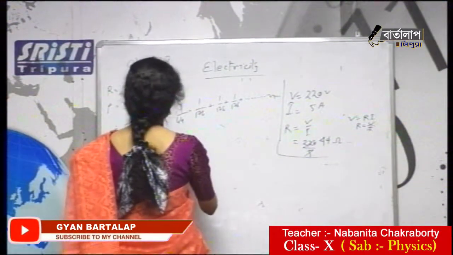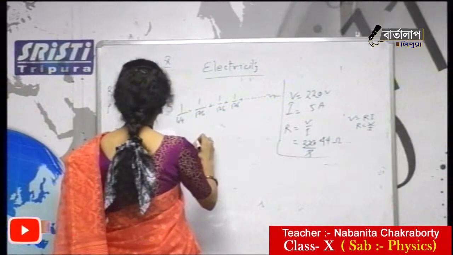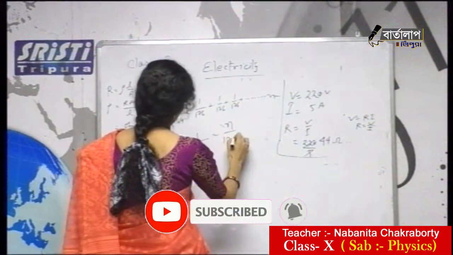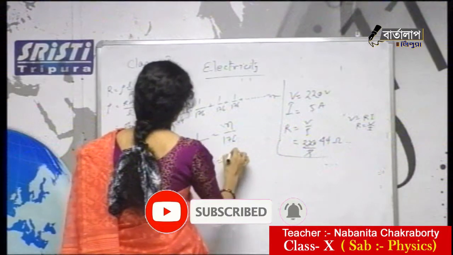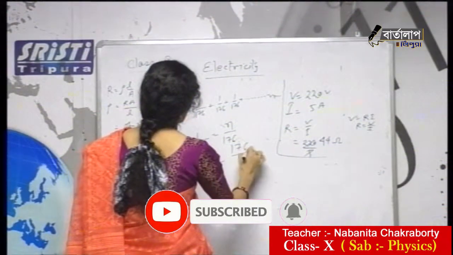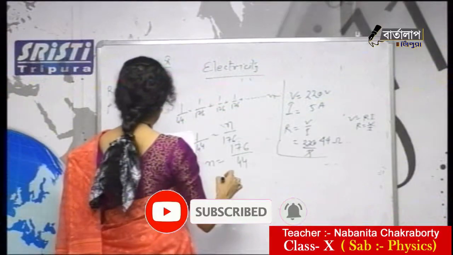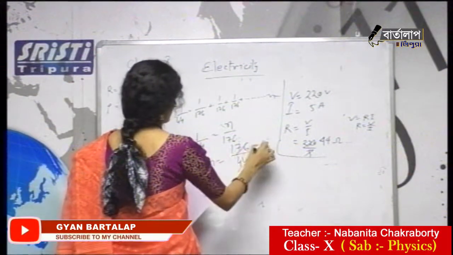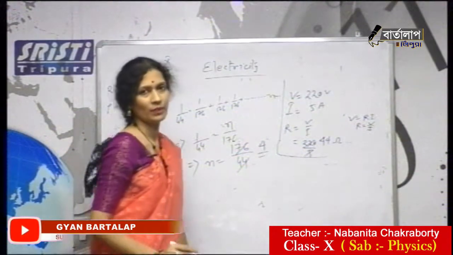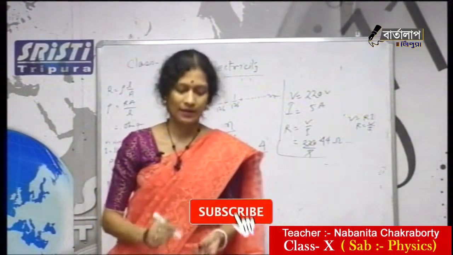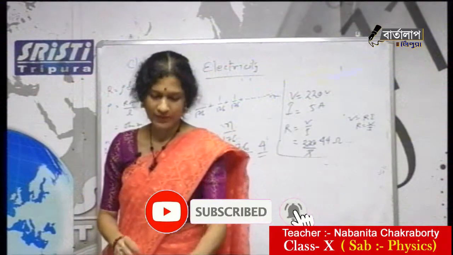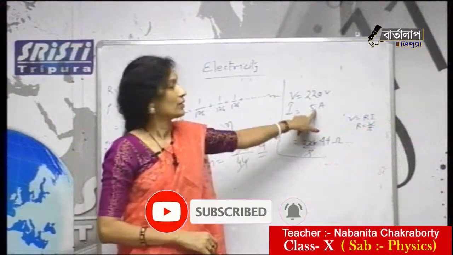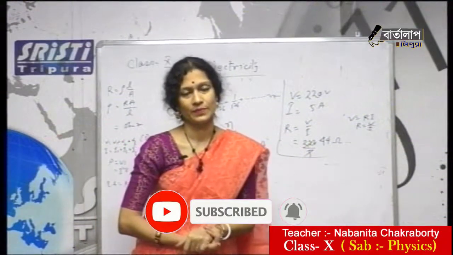So what can we write? 176 by 44, that means 4 resistors are connected in parallel to get the 5 ampere current on the 220 volt line.